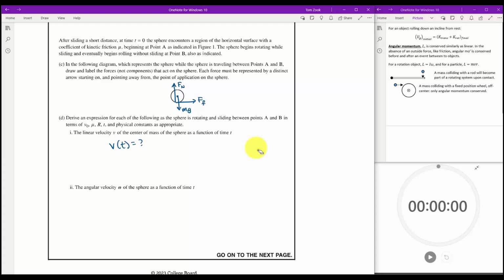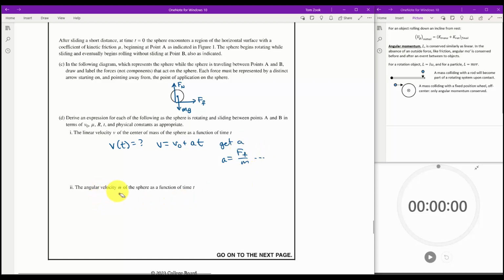The easiest thing to do here would be to say that V is equal to V0 plus at, and then get an acceleration in terms of those other things, mu and R and t and whatnot. You could say that acceleration is equal to the net force over mass. The only force along the direction of motion is the friction force, so it'd be friction over mass, and then try something there.